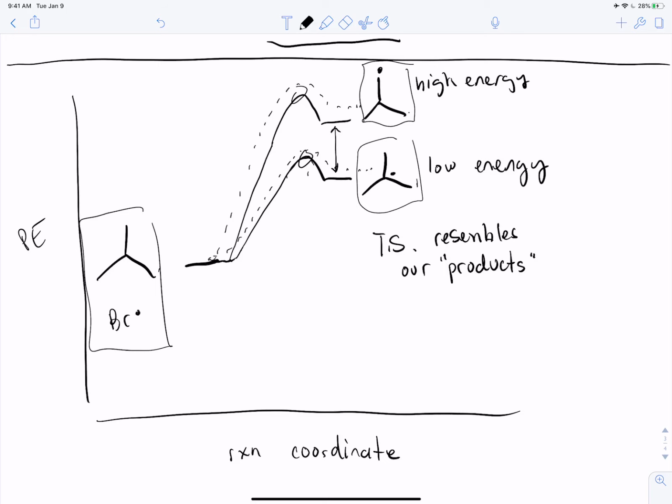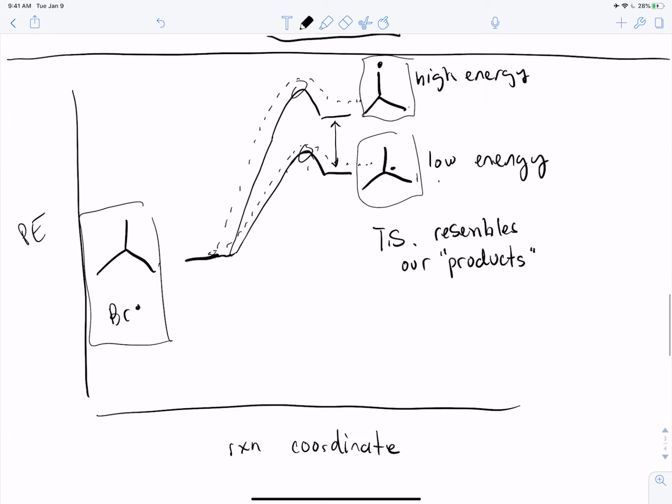We're not talking about the actual product that you ultimately form. That's not important for how the selectivity in this reaction works. But the transition state resembles our products, and because our products have a very high and a very low energy, there's actual separation between them. So you can guide the reaction towards the low energy one as opposed to the high energy one.